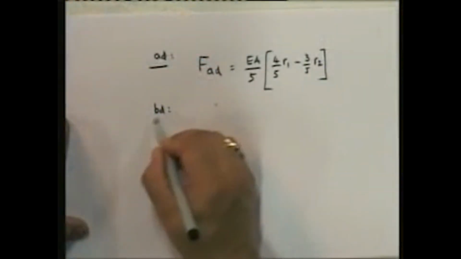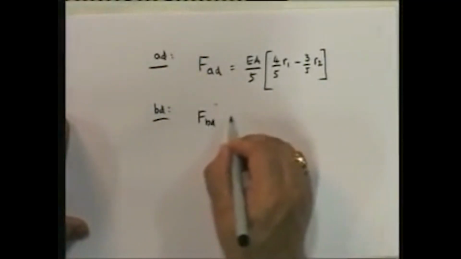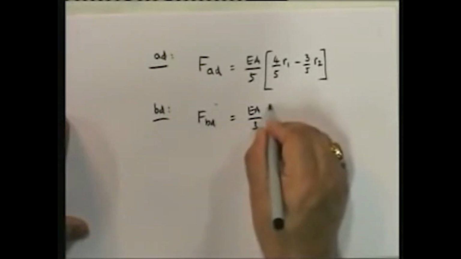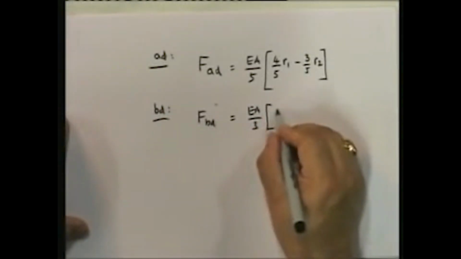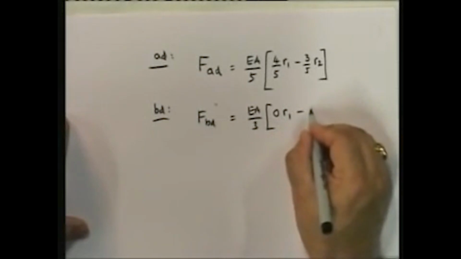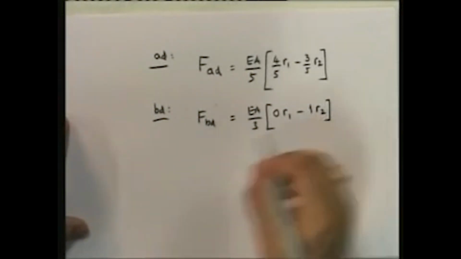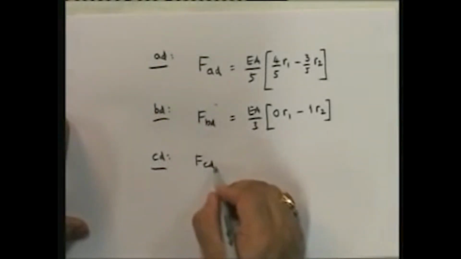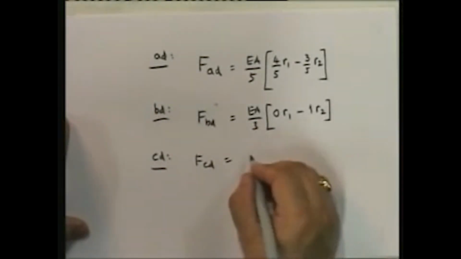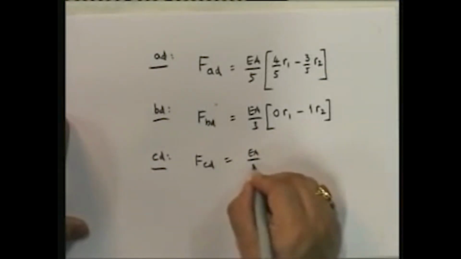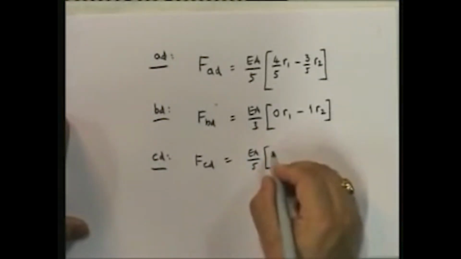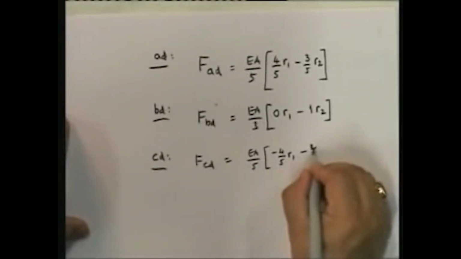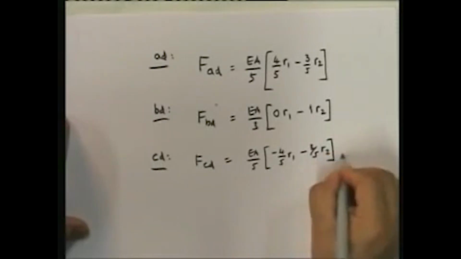Similarly, for BD, you have FBD equal to EA by 3, 0 R1 minus 1 R2, and for CD, FCD is equal to EA by 5 into minus 4 by 5 R1 minus 3 by 5 R2.